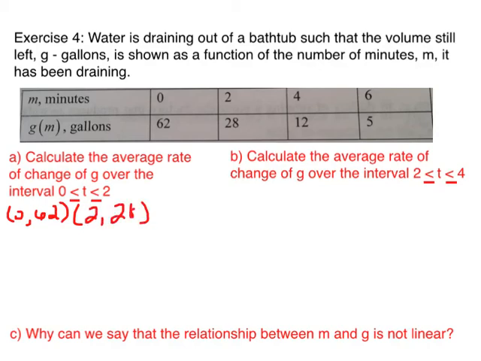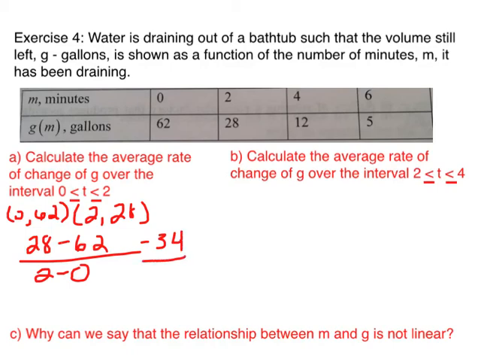If we use our rate of change formula, it would be 28 minus 62 over 2 minus 0. 28 minus 62 is going to give me a negative 34 over 2, which is going to give me a negative 17. That's negative 17 gallons per minute between the interval of 0 and 2.